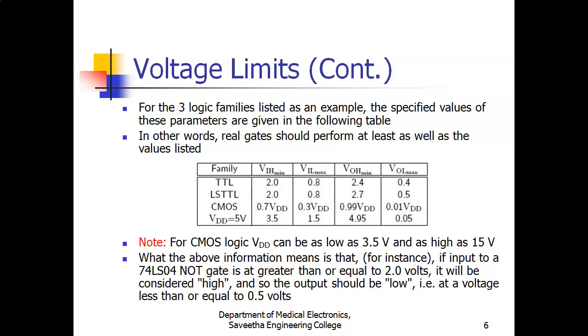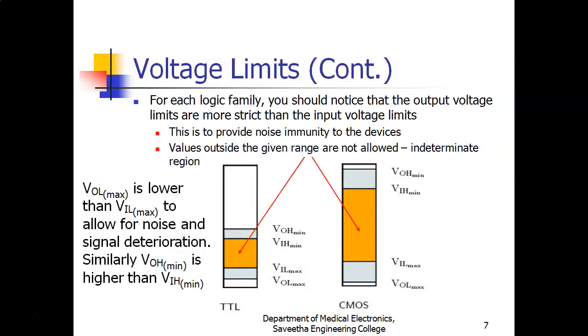Noting it, for CMOS logic, VDD can be as low as 3.5 volts and as high as 15 volts. What the above information means is, for instance, if the input to a 74LS04, that is a NOT gate, is greater than or equal to 2 volts, it will be considered as high, and so the output should be low, that is at a voltage less than or equal to 0.5 volts.